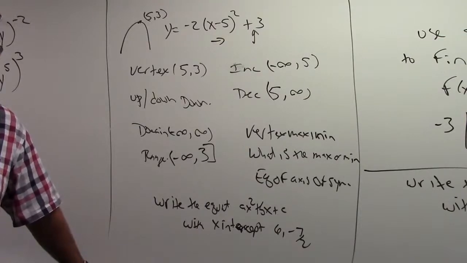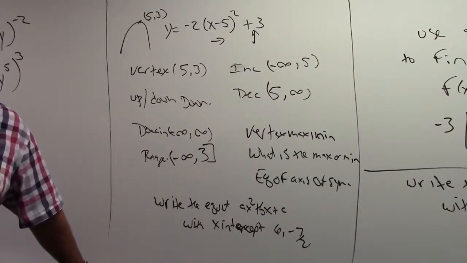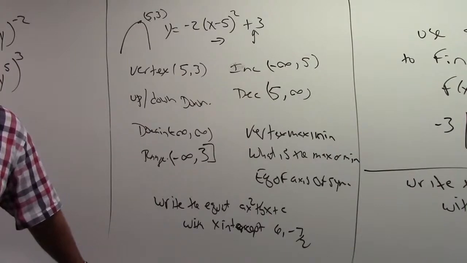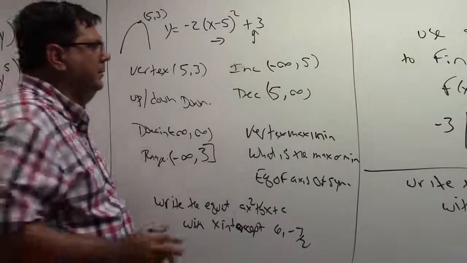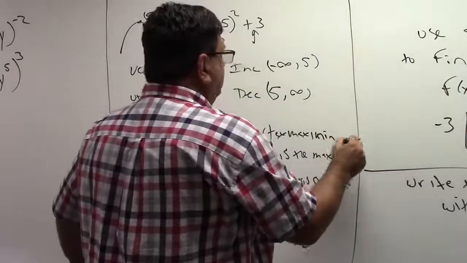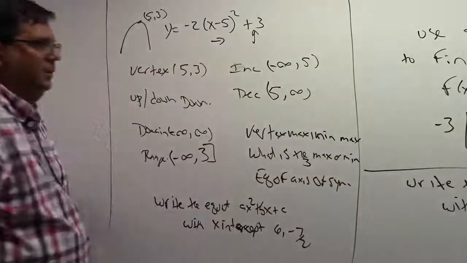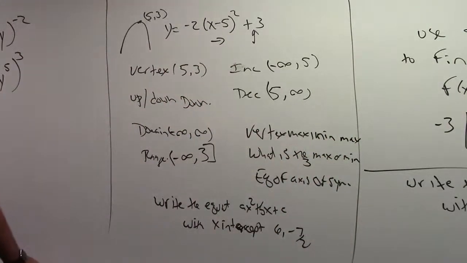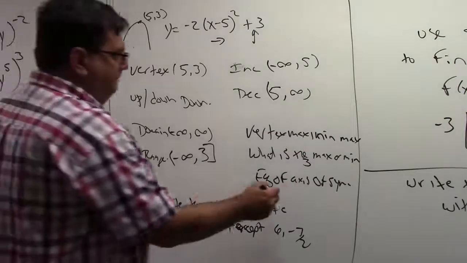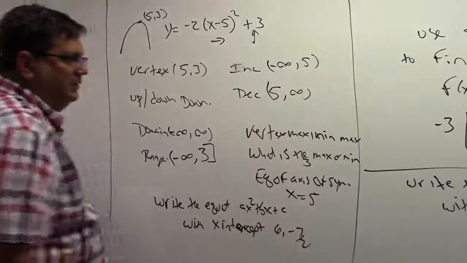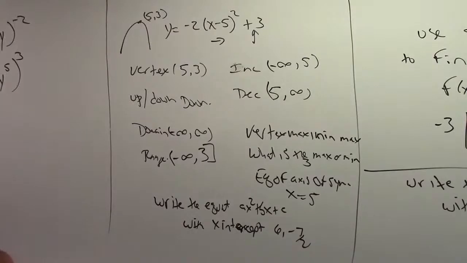All right. Vertex, is it maximum point or minimum point? Maximum point. What is the maximum value? What's the equation of the axis of symmetry? X equals 5. Let's pause there. We good? What is maximum?